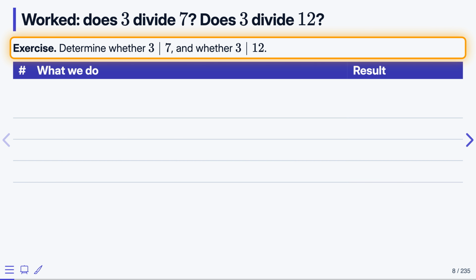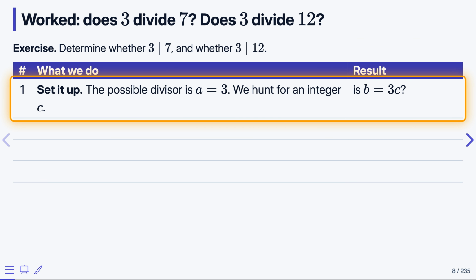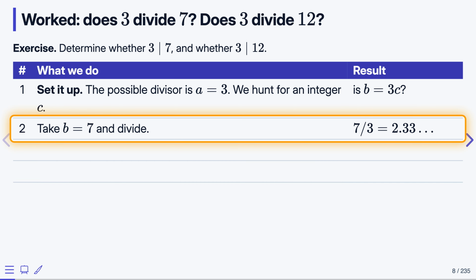Let's work this one step at a time. We ask whether 3 divides 7 and whether 3 divides 12. Step 1, set it up. The number doing the dividing is 3, so we ask, is there a whole number c with b equal to 3 times c? Step 2, try b equal to 7. 7 divided by 3 is 2.33.